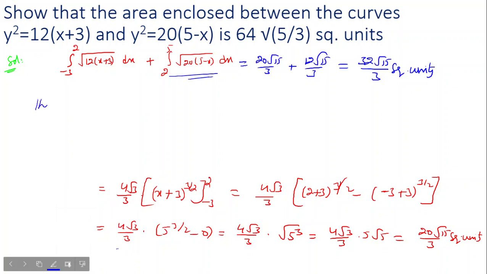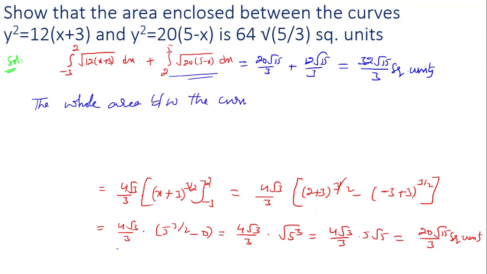So the whole area between the curves will be double of this upper area, which is 2 into 32 root 15 by 3 square units.